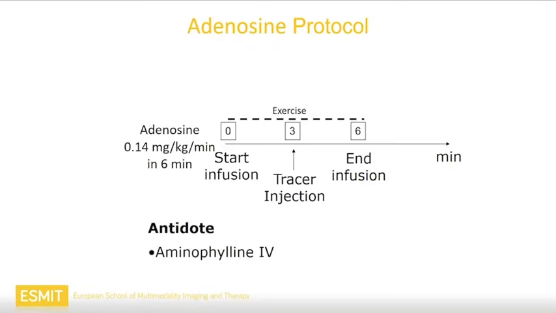And then the end of infusion is 6 minutes later. Of course, in some cases, if you have adverse effects, we can administer an antidote. The antidote is aminophylline, and this is very important if the patients have flush, headache, or fatigue.